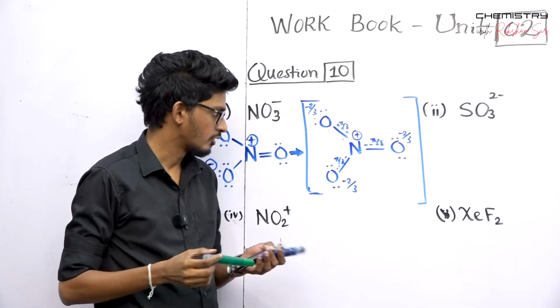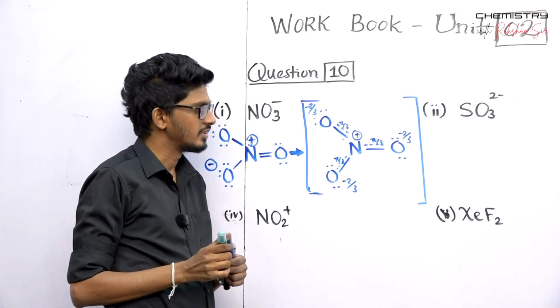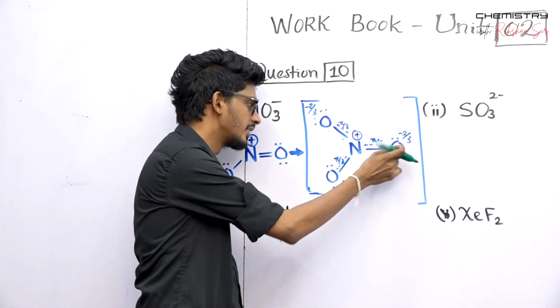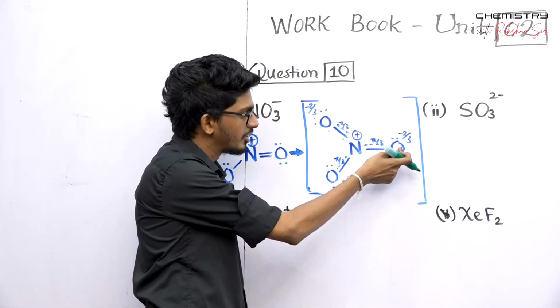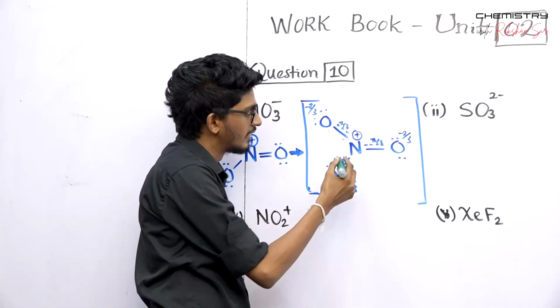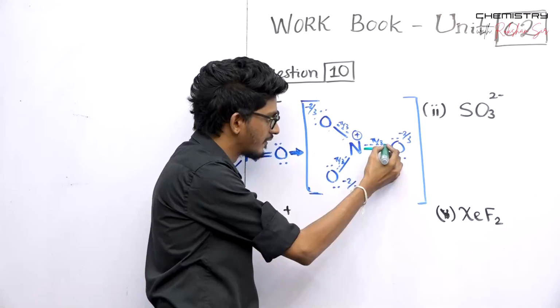Then we have to mark dipole moments of each and every covalent bond. So when it comes to these two, the bond here, this guy is more electronegative than this. This guy is more electronegative than this. So the dipole moment could be marked like this.